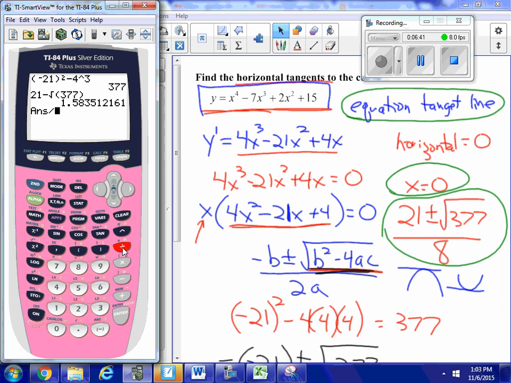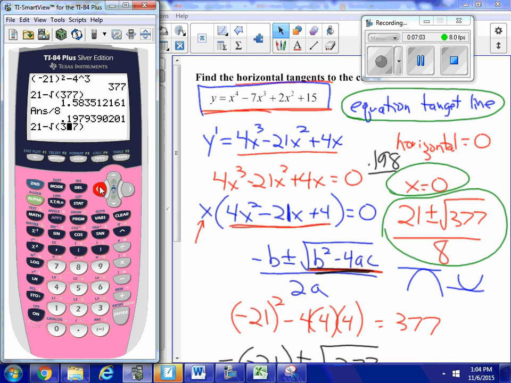And I'll hit enter, and I'm going to divide that by 8. So that is approximately 0.198.